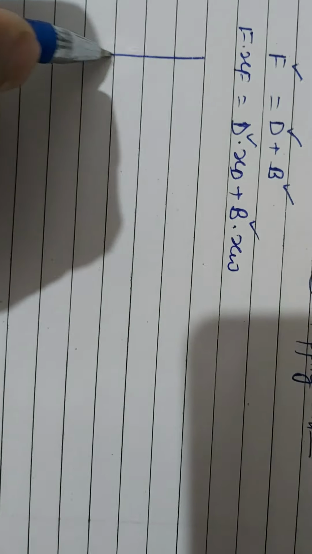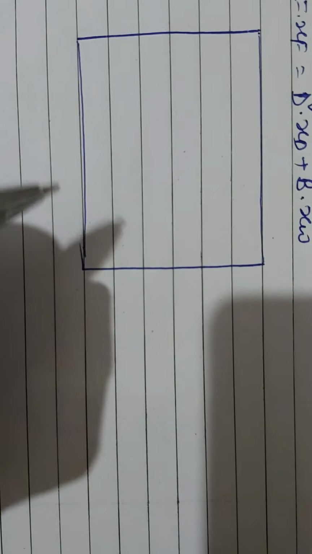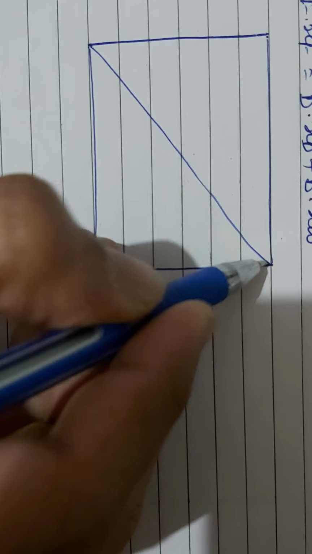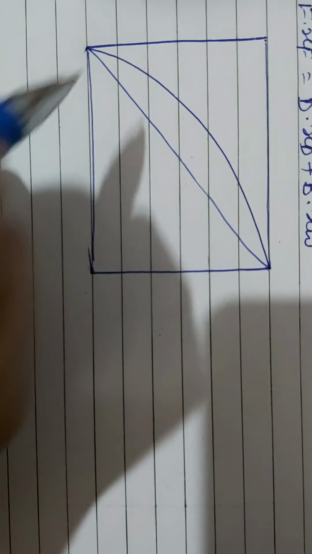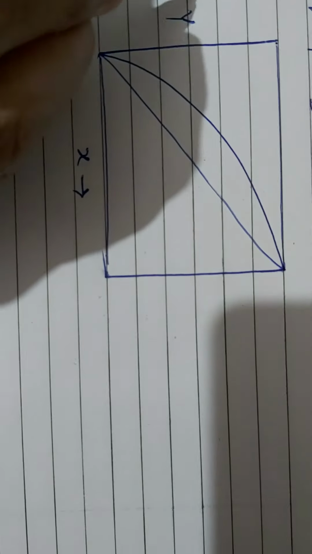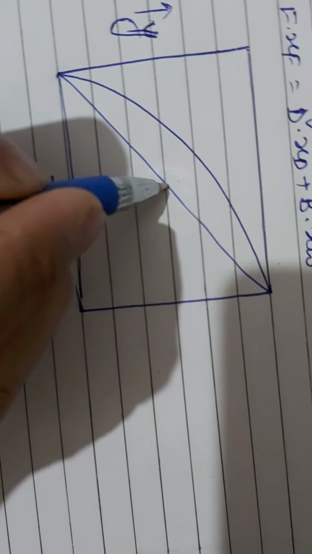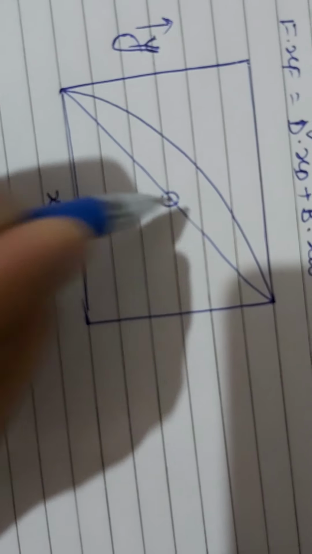So, just a revision of how you do the McCabe-Thiele method. First you have an XY plot. This is X, liquid composition, mole fraction. This is Y, mole fraction. So you first look at the feed point. You look at the feed slope.